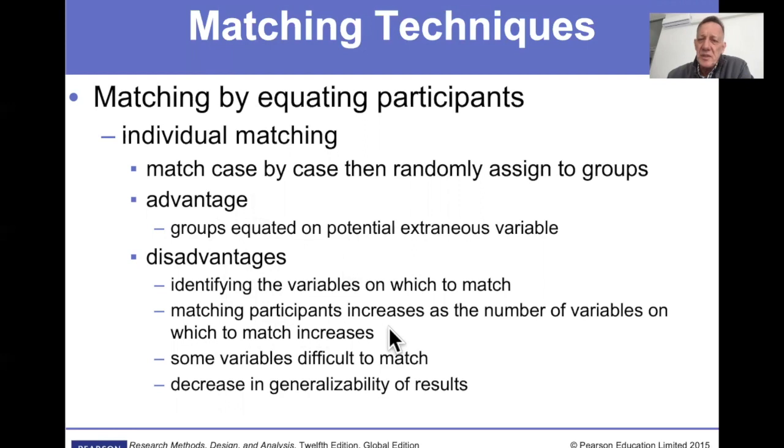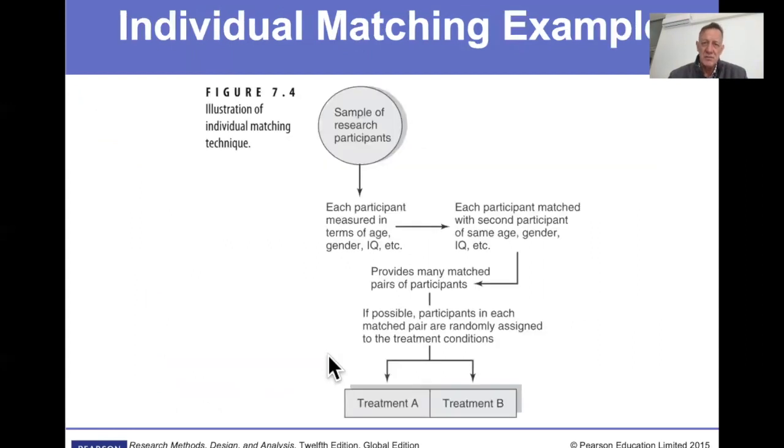Matching participants increases as the number of variables on which to match increases. So the more variables you identify, the more difficult it is to match. And some variables are difficult to match in any case. And like all matching, it decreases the generalizability of the results.